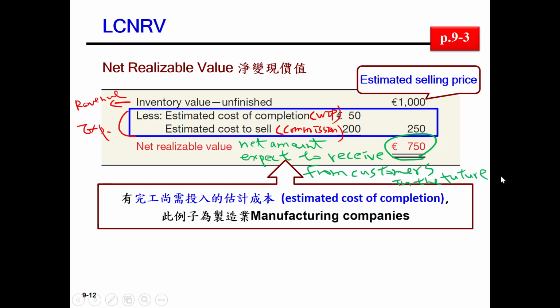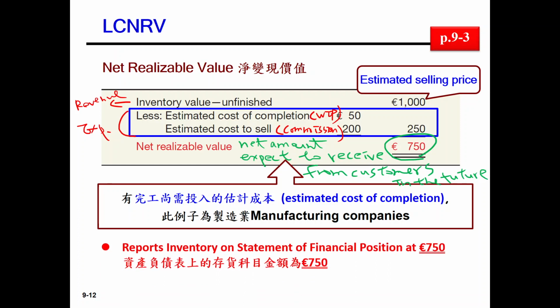Okay, so I expect to get from customers. So it means your future economic benefit. Then we have to compare this number with the cost. After we find out this number is lower, we will report this number on your balance sheet.